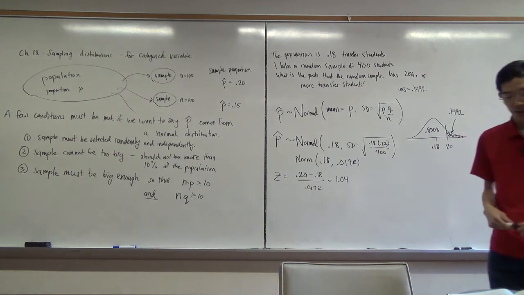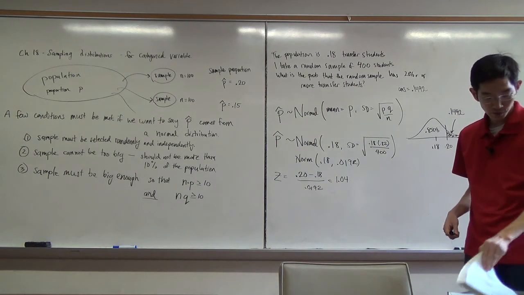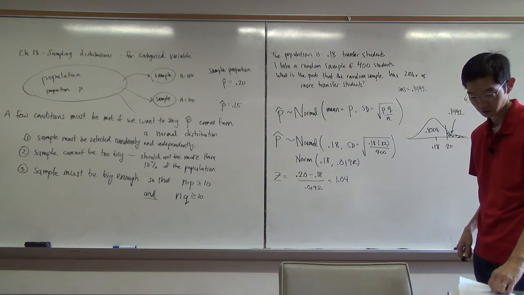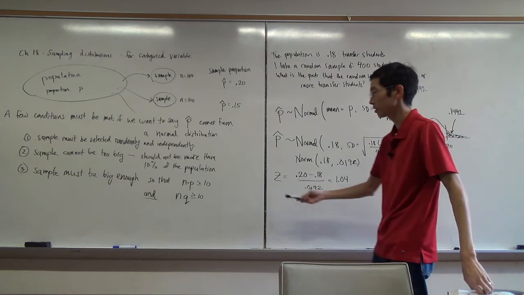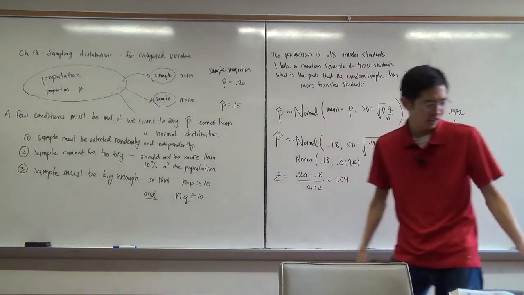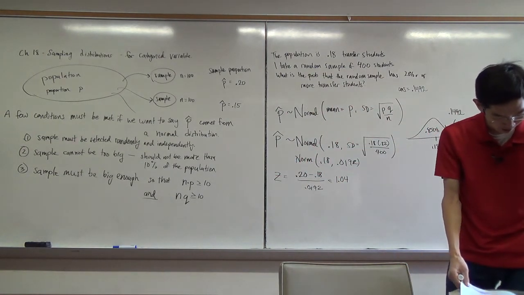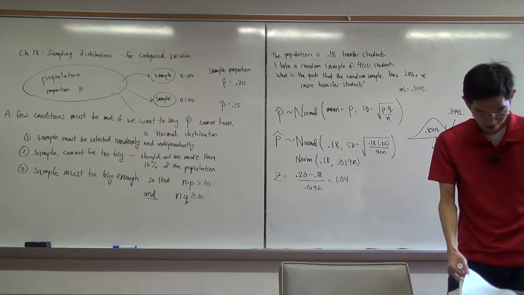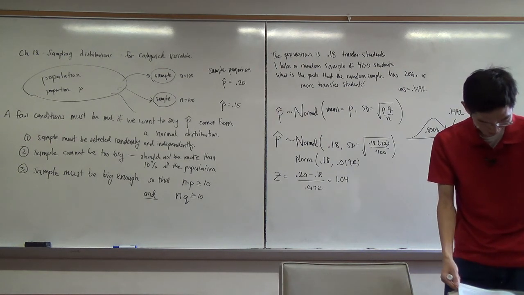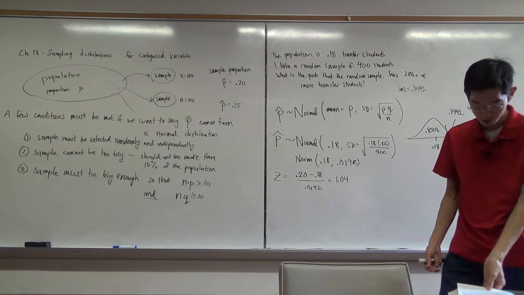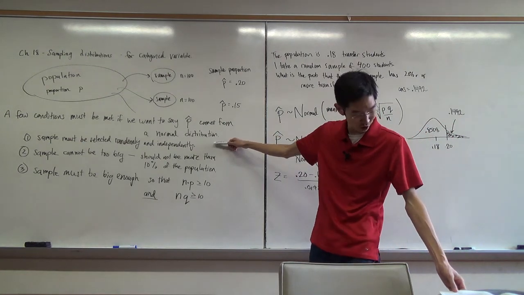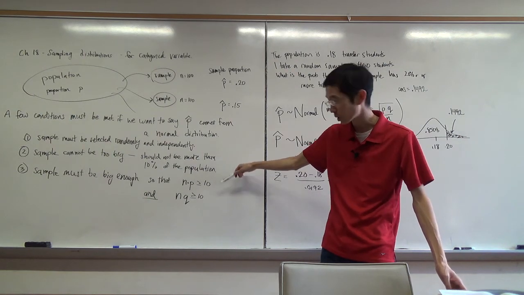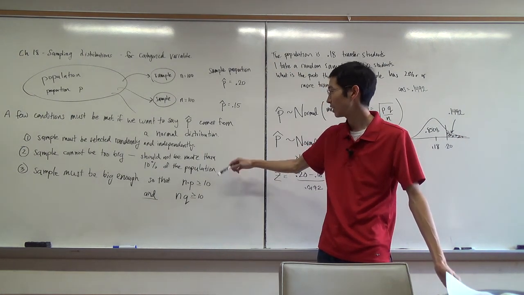So when you do your homework from chapter 18, it's going to ask you to check your conditions and things of that nature. These are the 3 conditions that they're asking you to check. Our book gives names to each of these. They call this the randomization condition, this one the 10% condition, and this is called the success-failure condition.